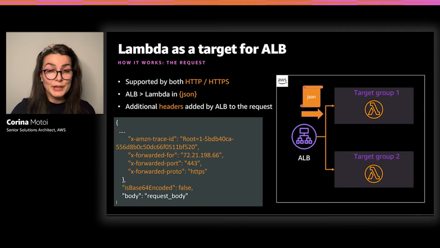As with APIGW, the ALB also supports the content encoding header, which you can set. But in case you're not doing that, the ALB will look at the type of the request and set the base 64 encoding either to true or false.